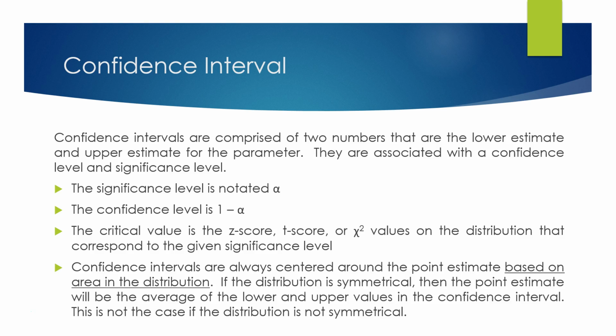Lastly, this is more of a general statement, but confidence intervals are always centered around the point estimate based on area. This is really important. When I taught this lecture, I actually underlined this twice. So it's not based on anything else besides area, 50-50 kind of area. If the distribution is symmetrical, the point estimate is the average of the 2 numbers.